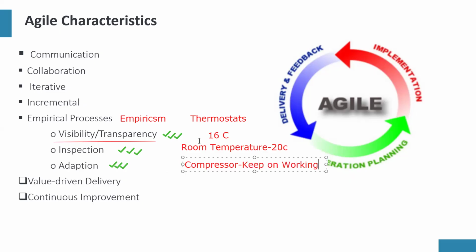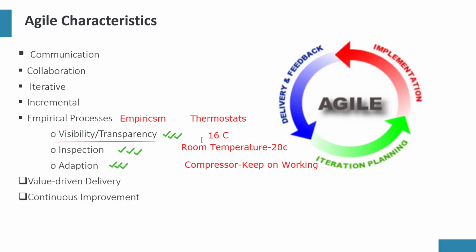So you can see visibility, inspection, and adaptation. Visibility, we have a clear temperature that the air conditioner has been set to. When we inspect the room temperature, we find out it's 20 degrees Celsius. Then we adapt. Adapt means we tell the compressor to keep on working.